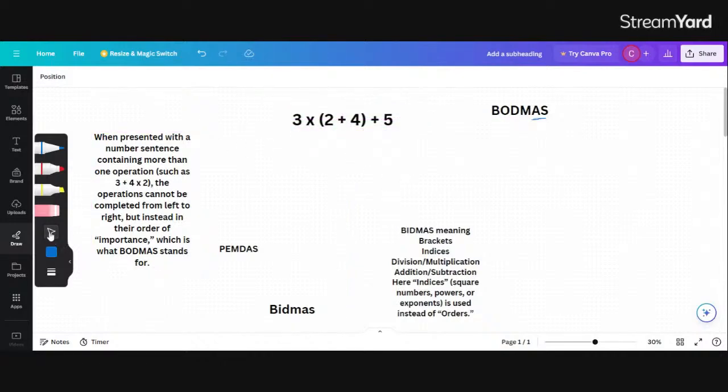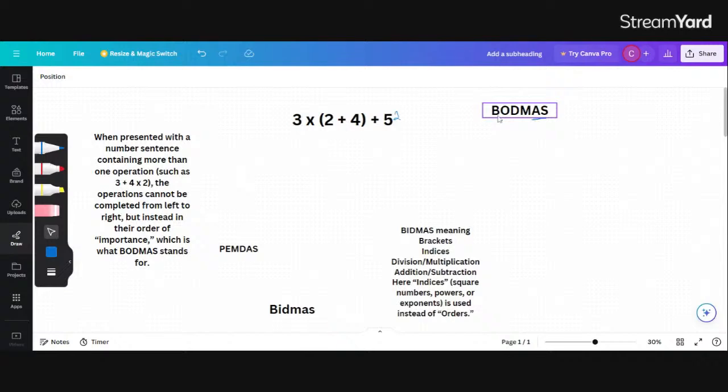So we can give this a power 2 here too, and that will be the exponent or the indices. Okay, so how do we go about getting the correct answer here?